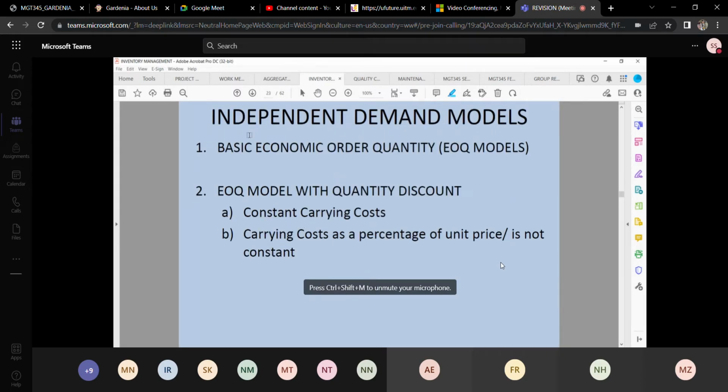Okay, the 2 types of independent demand models, you have the basic economic order quantity and EOQ model with quantity discount. EOQ model with quantity discount, you ada 2 juga, which consists of constant carrying cost and I C is not constant. So ada 2 difference over here. So you should know one by one. Each of these have their own steps. So you should know the steps.